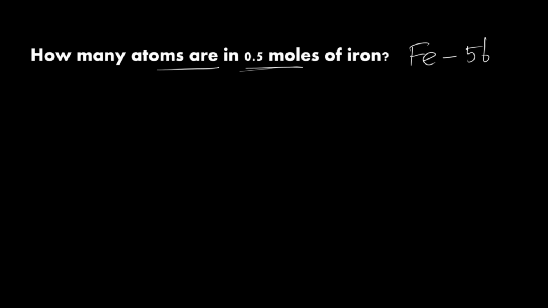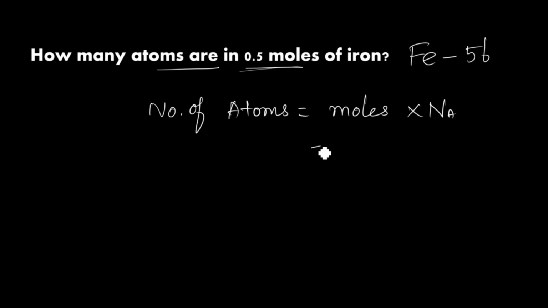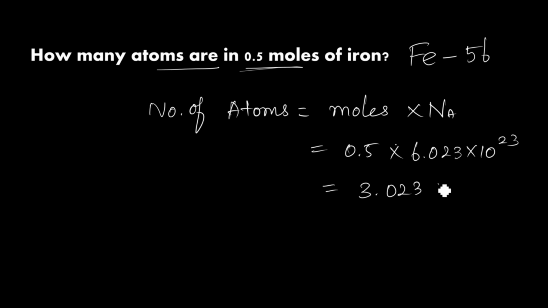So we need not use the iron molecular mass as well. Number of atoms equals moles into Na, which is 0.5 into 6.023 into 10 to the power 23. That becomes 3.0115 into 10 to the power 23 atoms of iron.